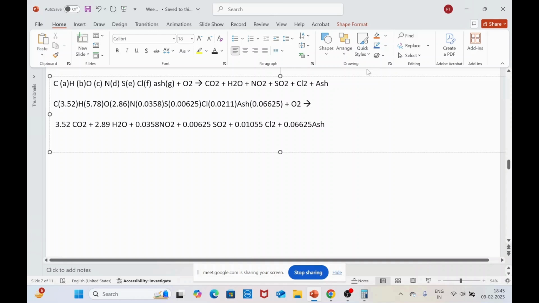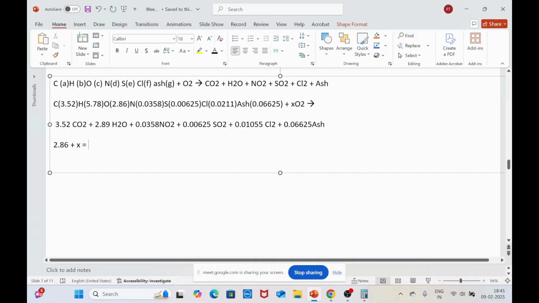So let's calculate that. We already have 2.86 oxygen with the biomass. Let me keep the stoichiometric coefficient as x for the O2 that we are going to supply, plus x is equal to.